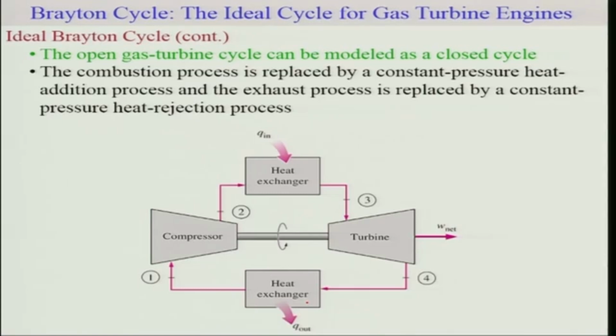So we can consider the combustion process as a constant pressure heat addition and the exhaust process as a constant pressure heat rejection process, and this will make the complete cycle, which includes a compressor, a heat exchanger, a turbine, and another heat exchanger for rejecting the heat.